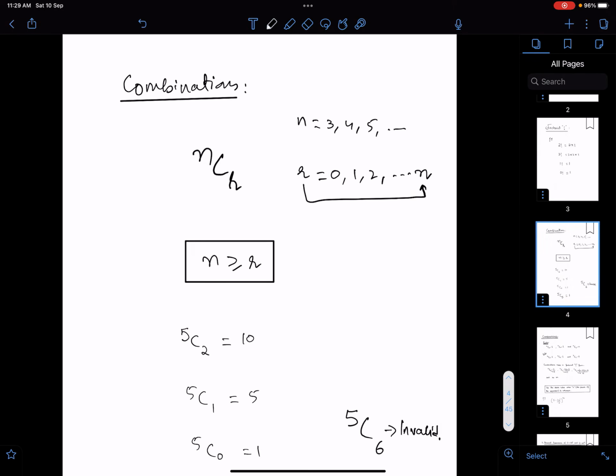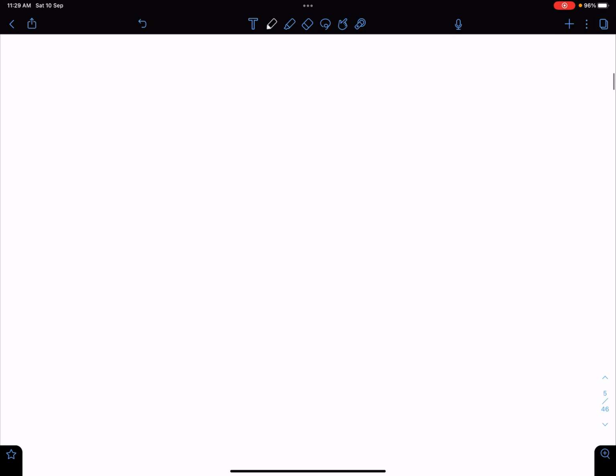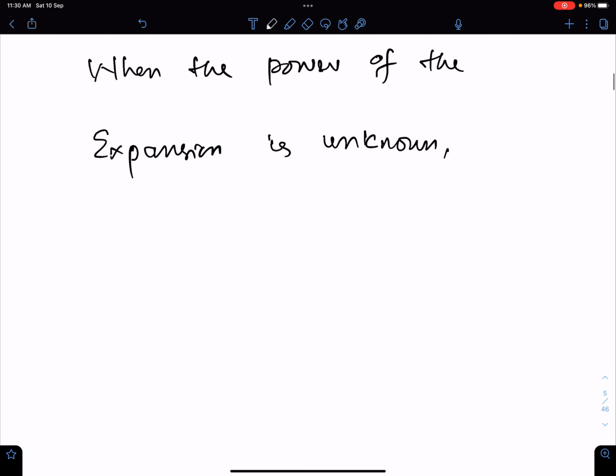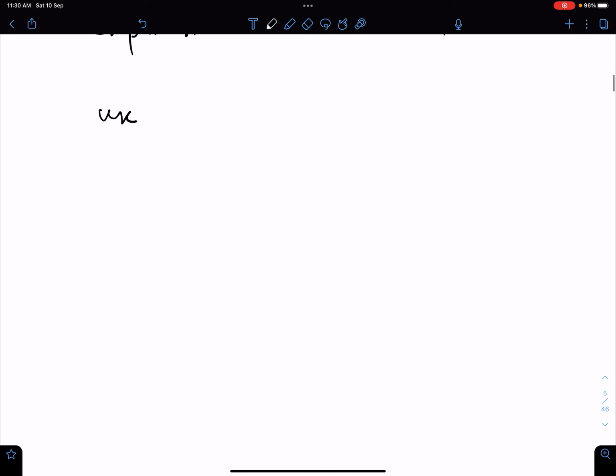More rules regarding combinations. So when the power of the expansion is unknown, then we use these results. NC1.